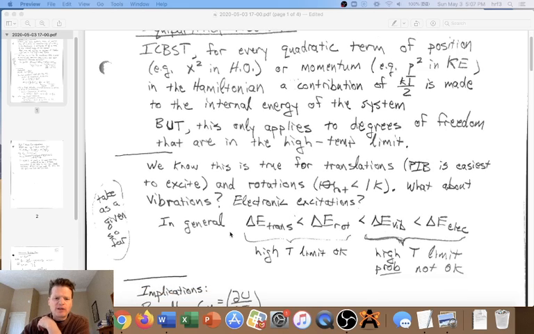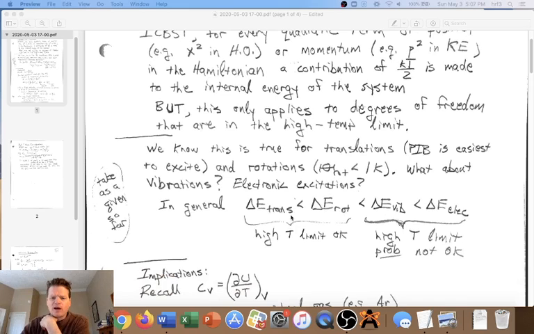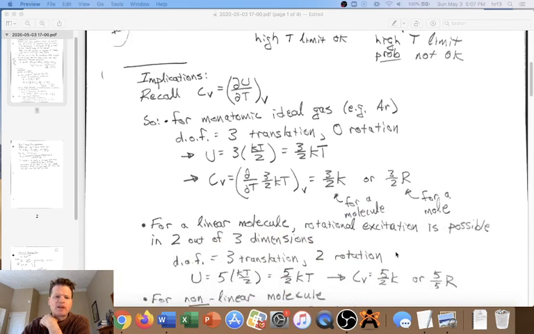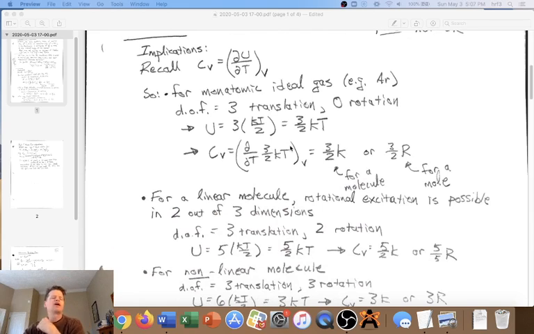So in general, and again, just take this as a given for now, and we'll talk more about it in a minute. But for translations and rotations, the high temperature limit is okay. But vibrations and electronic degrees of freedom are probably not okay, except for some specialized situations.